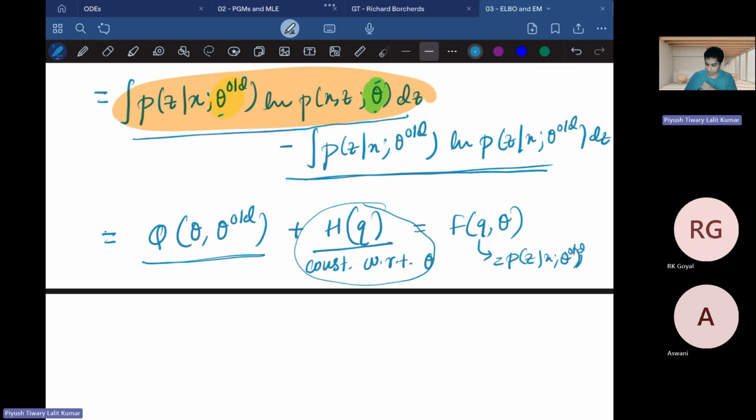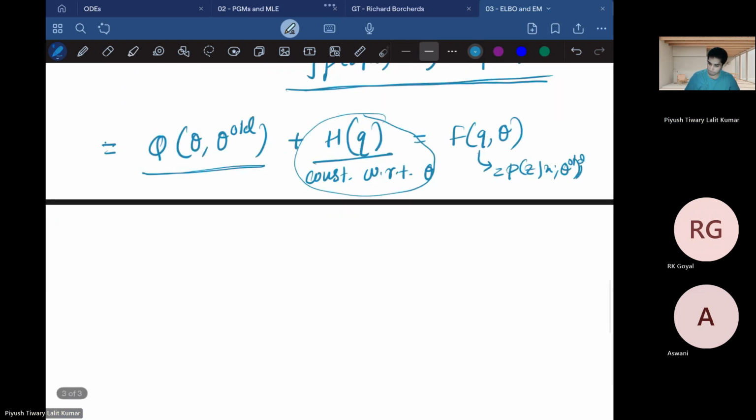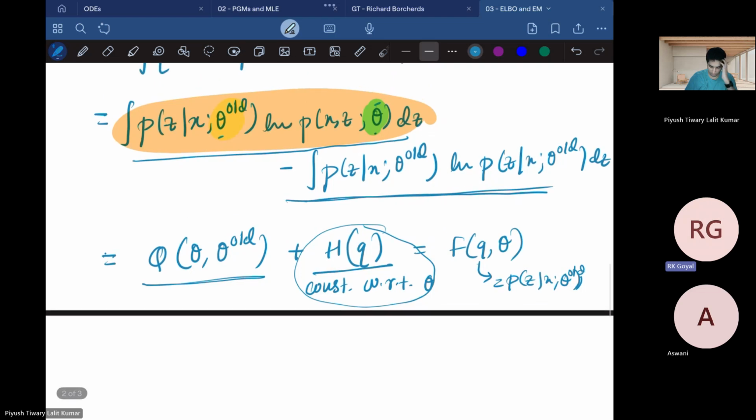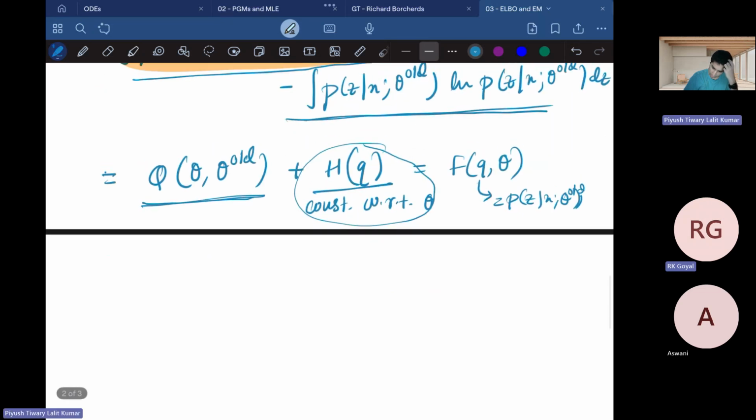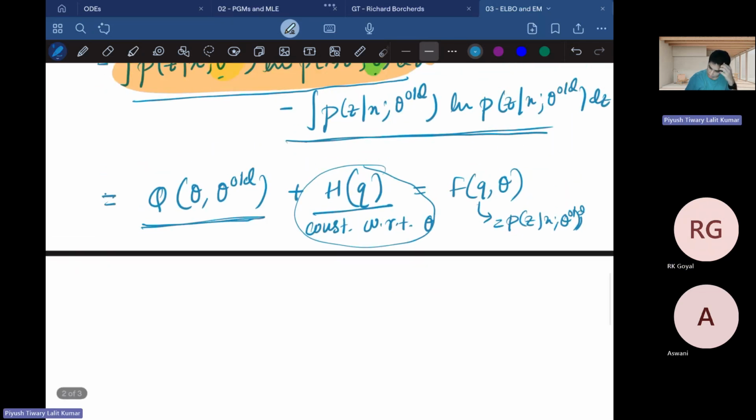I hope there is nothing that is not clear here. The second term is the entropy term, and it does not depend on the current theta that we want to optimize on; it depends only on the old value of theta.